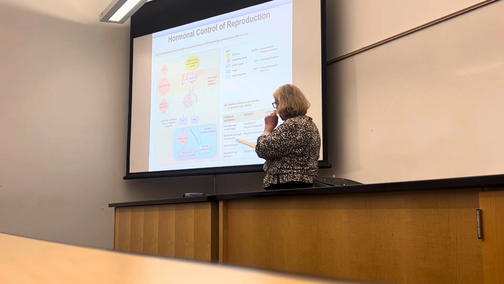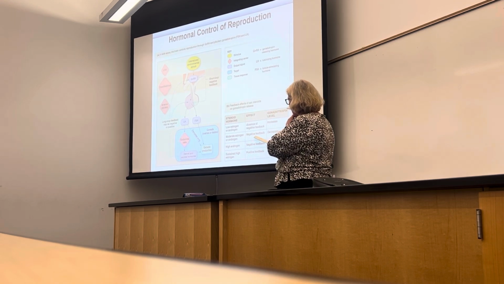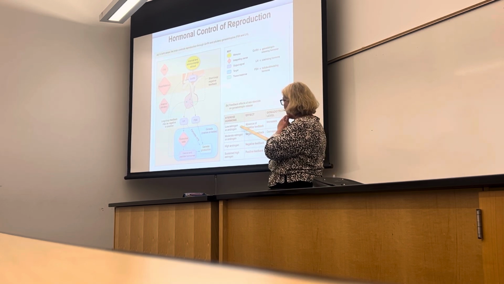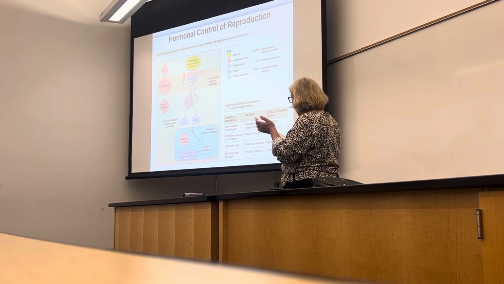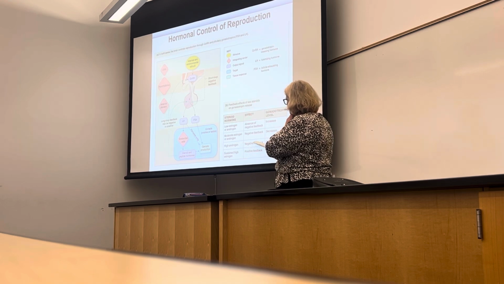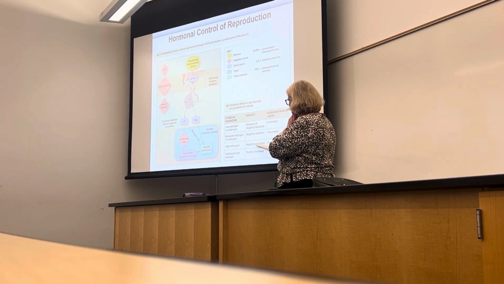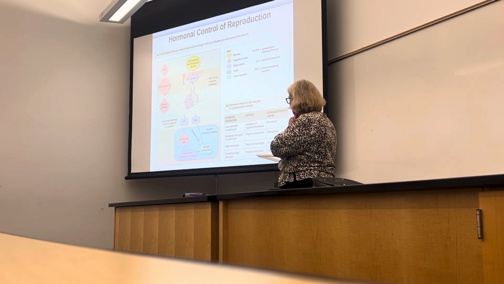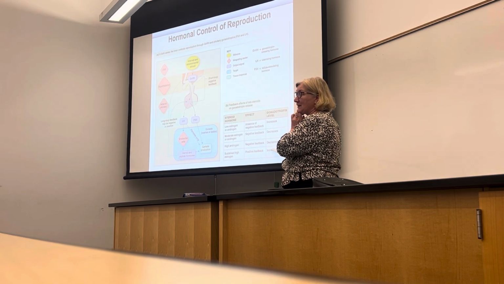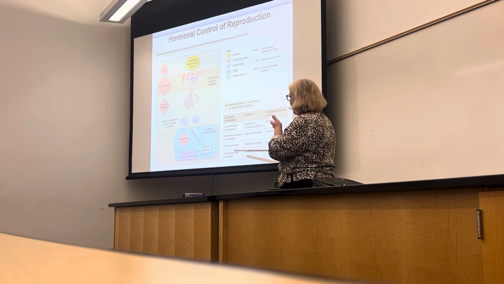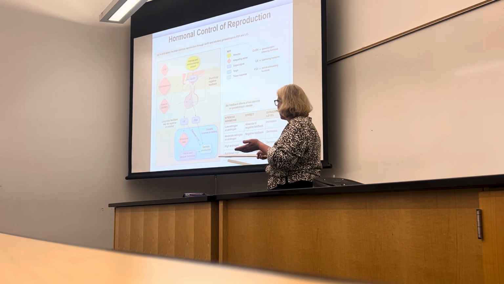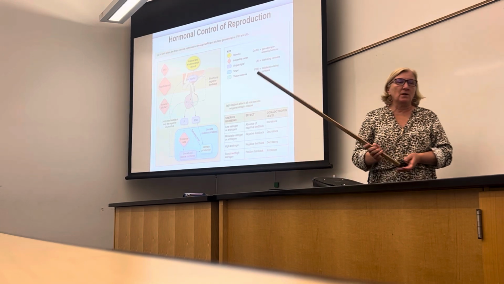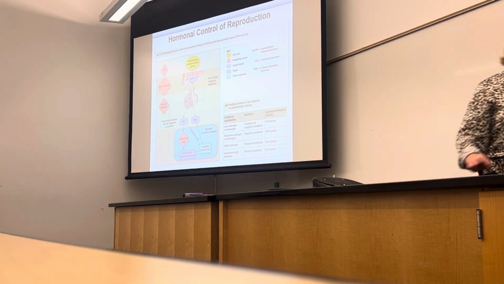A moderate level will exert negative feedback, and it will decrease. This is something you wouldn't expect, right? And then high androgen also has a negative feedback, but look at the sustained high estrogen. It actually gives positive feedback and increases the gonadotropin. Something you wouldn't expect, like why is the estrogen high and the gonadotropin high as well. It will become clearer when we go through the female reproductive system.